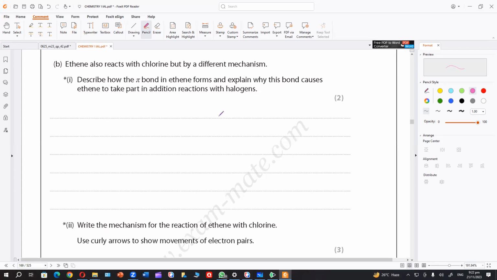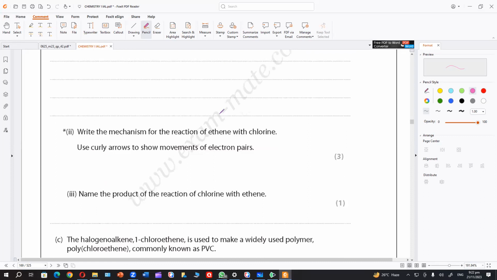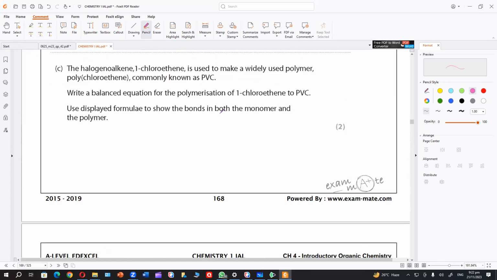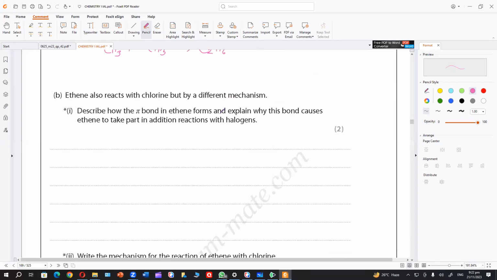So he says how a pi bond is formed. Why has he made a star on it? Star would be marks for linking, right? I think that's what it was in the physics 6 marker at least. There is another star question about communication, the quality of language.